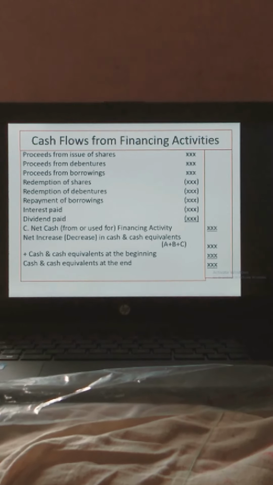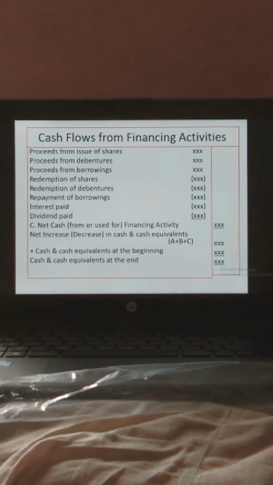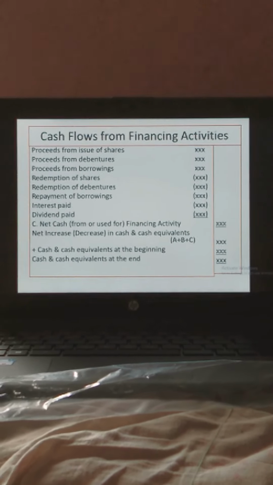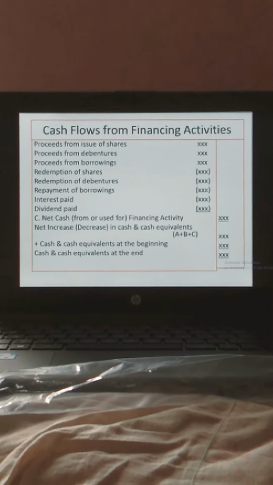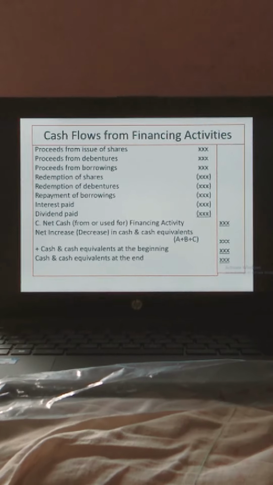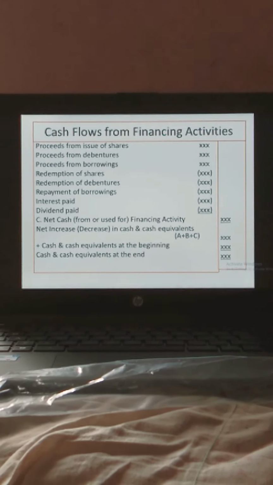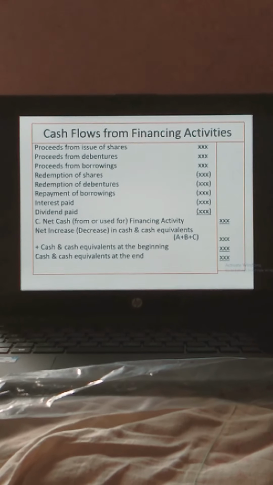Next is cash flows from financing activity. Financing activity, we already discussed, is related to the procurement of funds, the various sources of funds. Normally we procure funds from the issue of shares, debentures, bonds and borrowings.